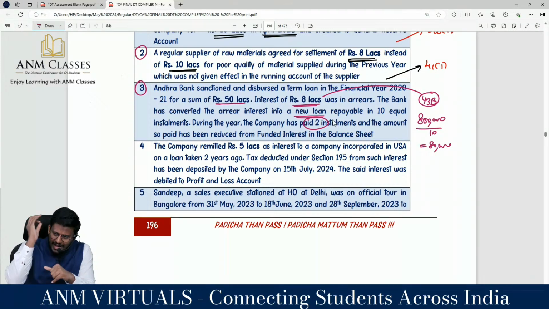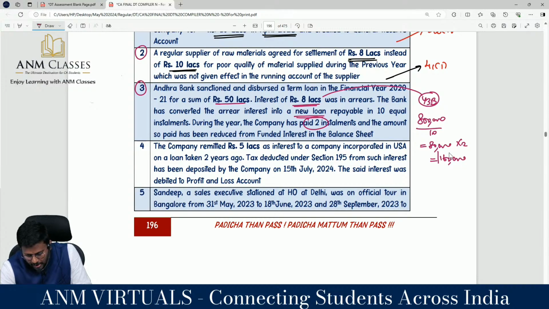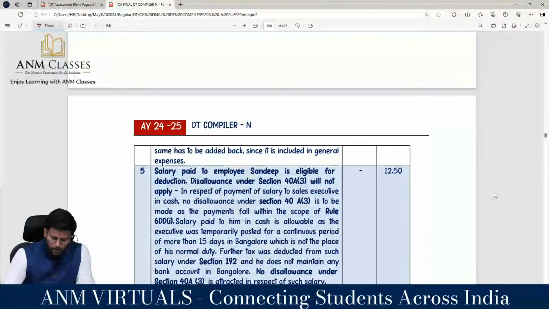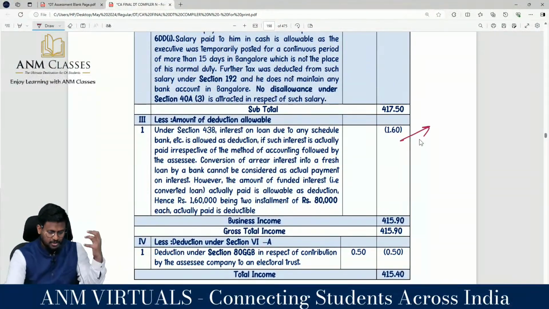In the year of actual payment, that can be claimed as a deduction. But not the entire interest has been paid. So 80,000 into 2 comes to 1,60,000, my dear lovable students. This 1,60,000 has to be reduced while calculating the PGBP income.